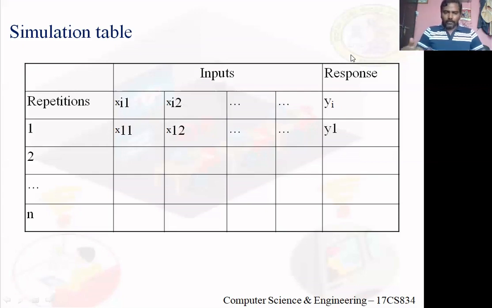Once we have initialized repetition 1, next, for each repetition i, I need to generate a value for all the inputs xi1, xi2, and so on.